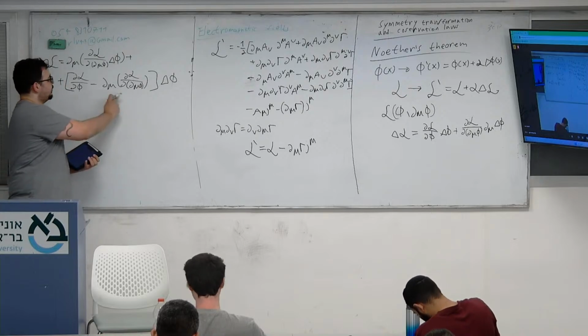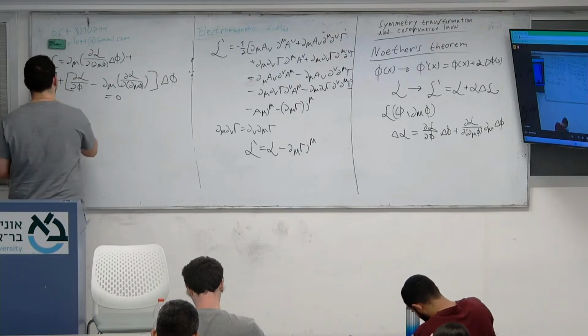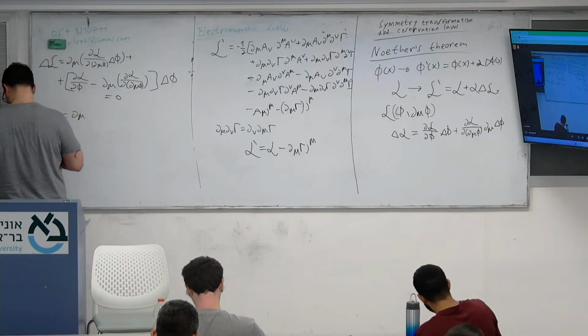The second term here will just be 0 by the Euler-Lagrange equation. We will just be left with ∂_μ.